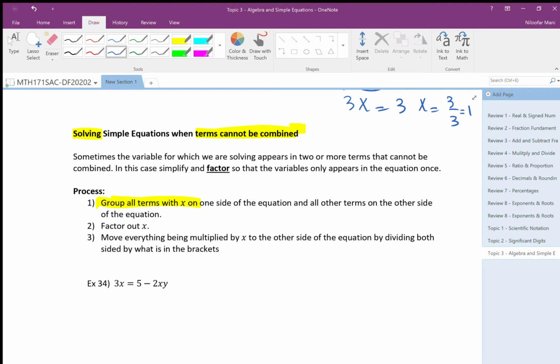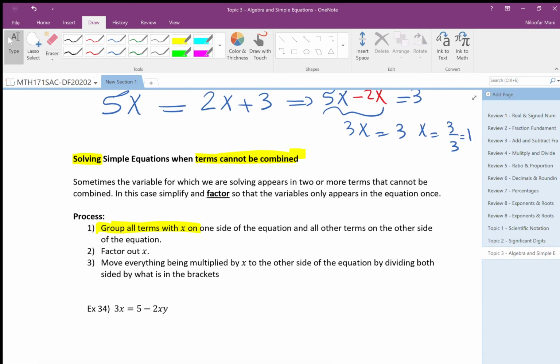The next step says if you cannot combine them, the same as what I did in this question at the top of the page, factor x. Of course you have to. It's not really new, because I want to solve for x, so I have to factor x when I cannot combine them. And then when I reach ax equal b, I say x is b over a.